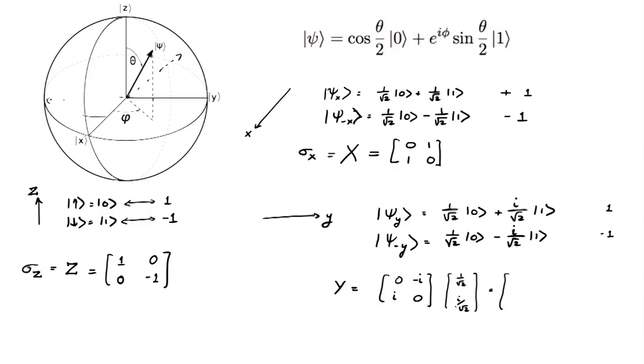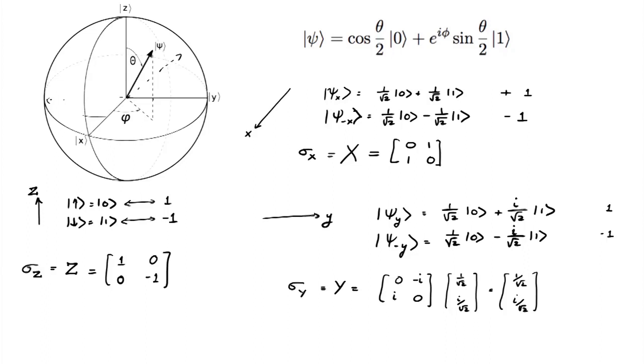The first entry is i squared, which is minus 1, times minus 1, so you get 1 over square root 2. And here you get 1 over square root 2 times i, so you get i over square root 2. So it's an eigenvector with eigenvalue plus 1, and similarly the other one is an eigenvector with eigenvalue minus 1. Okay, this matrix is called sigma sub y.